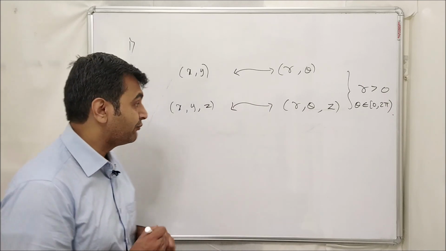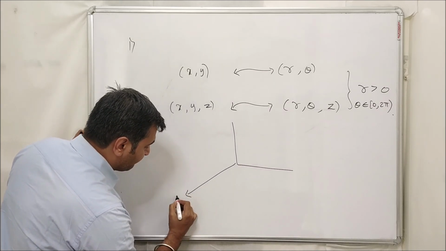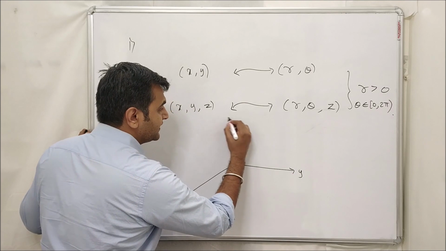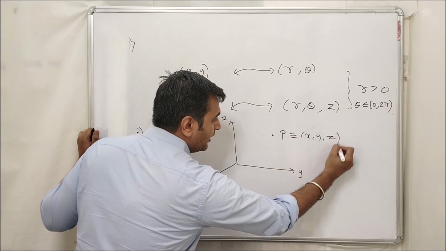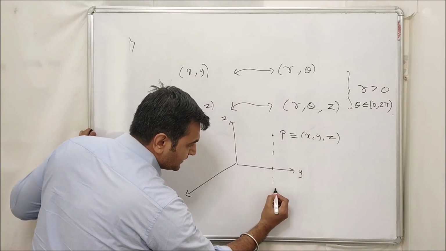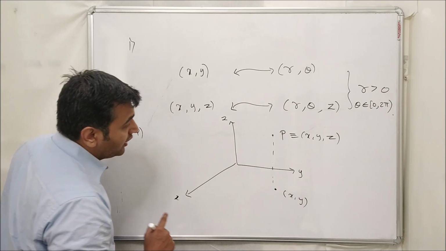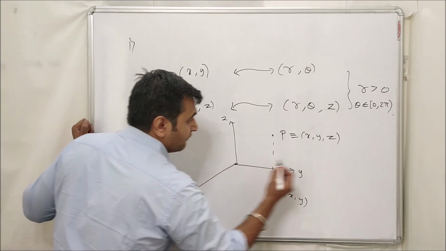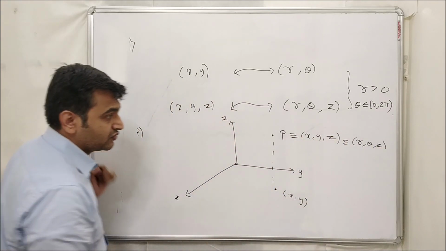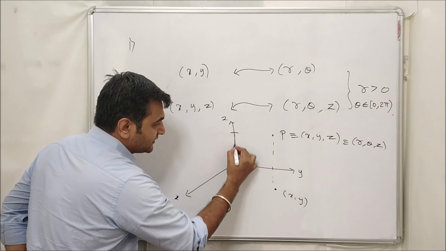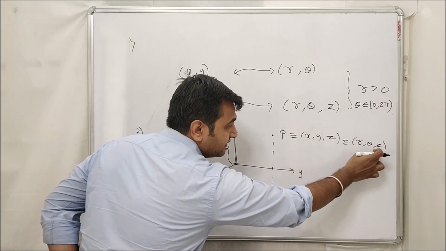Now let's go for the second point, pictorially. Pictorially means, how does a point look over here? You have x, y, z, and you take any point P, which is nothing but x comma y comma z, and when you project this on the xy plane, this is your x comma y, because z is 0 in the xy plane. Now if I want to find the corresponding r theta z, z is the same thing. It is the height over here, which is the same here as well as here.